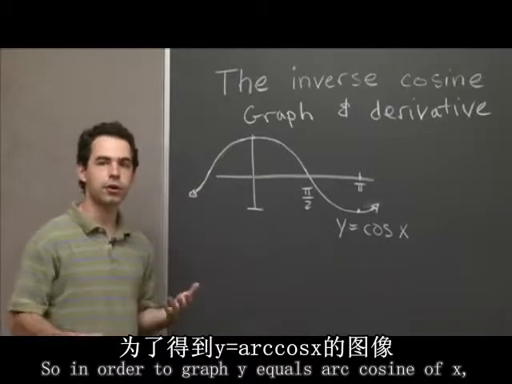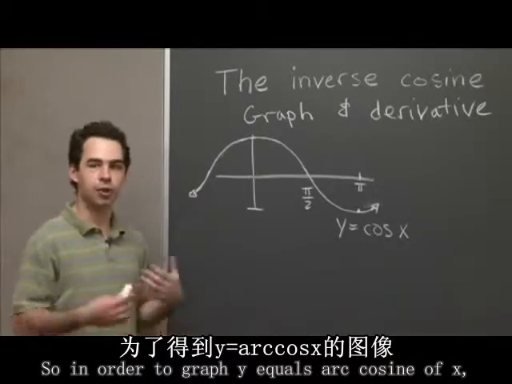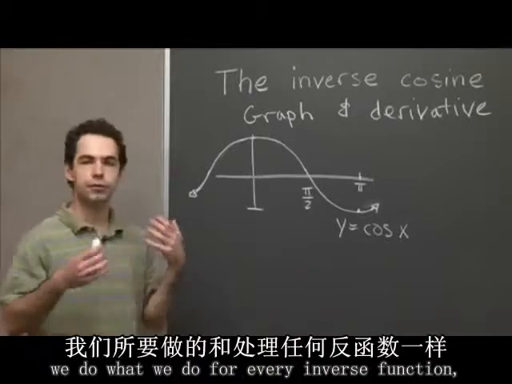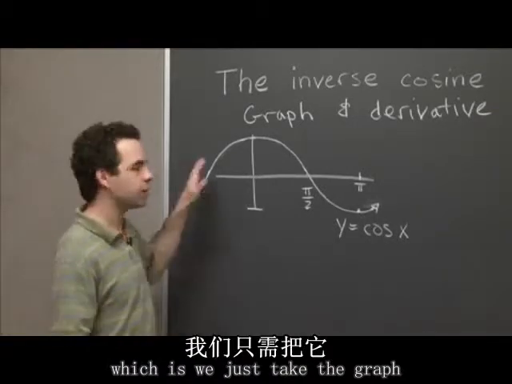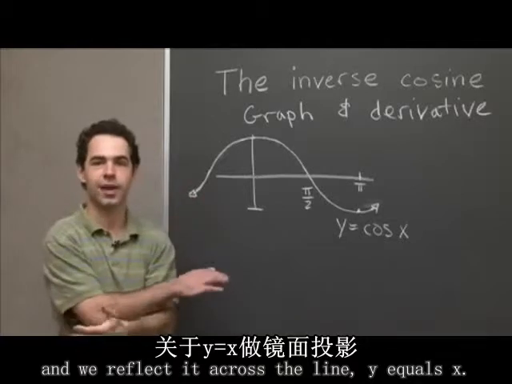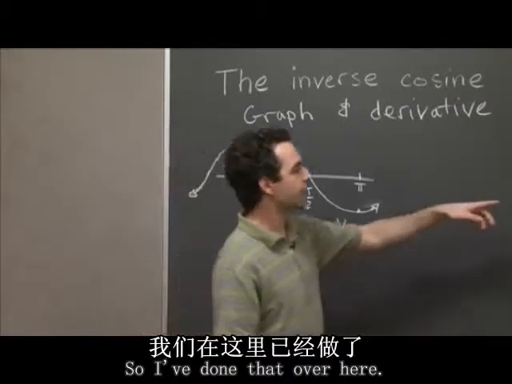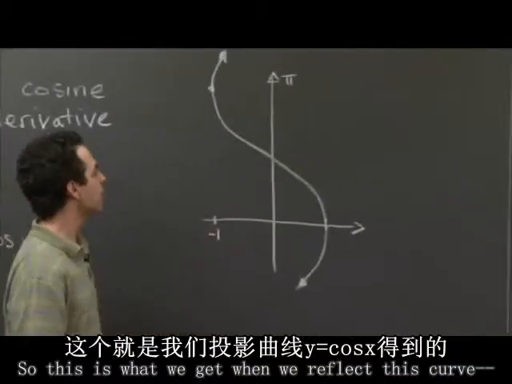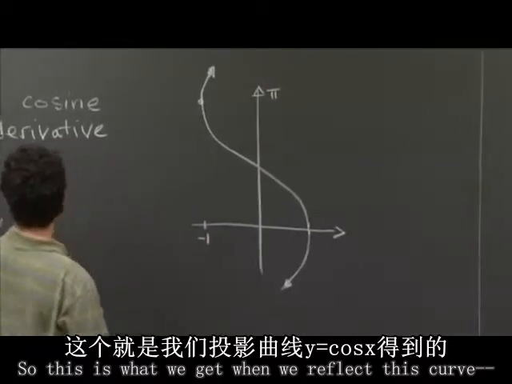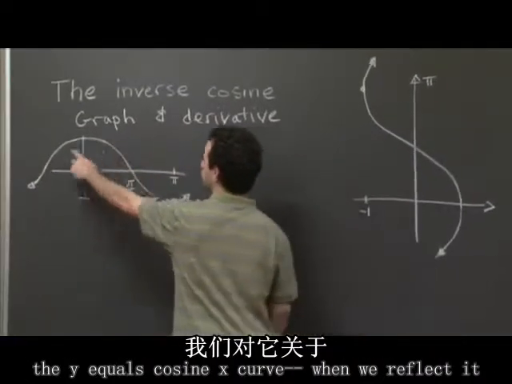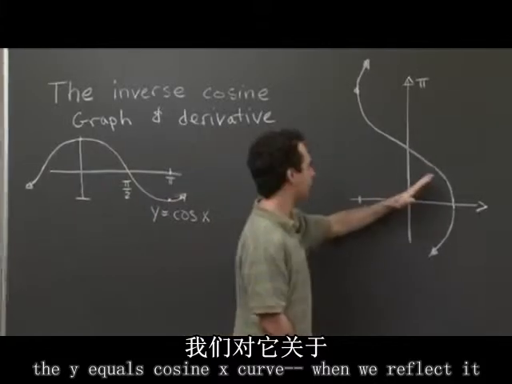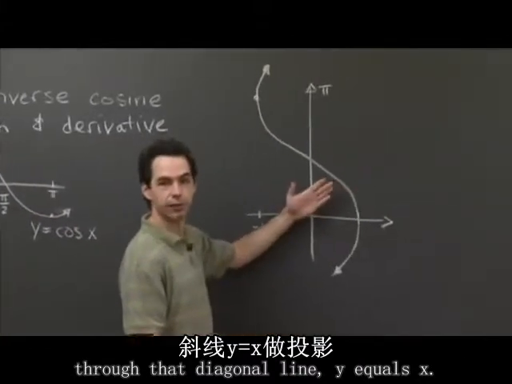So in order to graph y equals arc cosine of x, we do what we do for every inverse function, which is we just take the graph and we reflect it across the line y equals x. So I've done that over here. This is what we get when we reflect the y equals cosine x curve through that diagonal line y equals x.